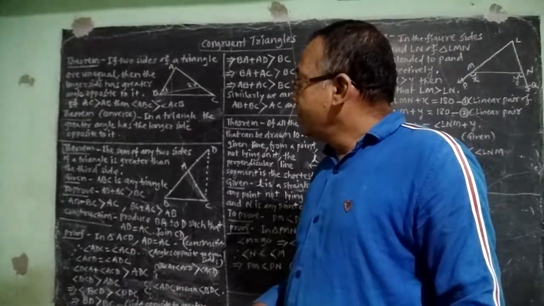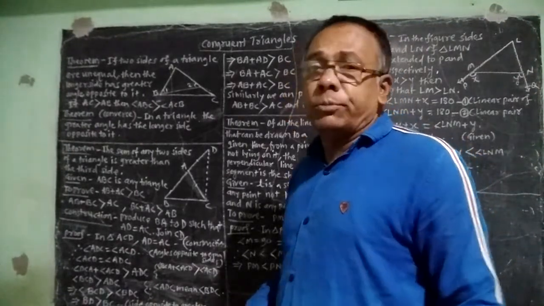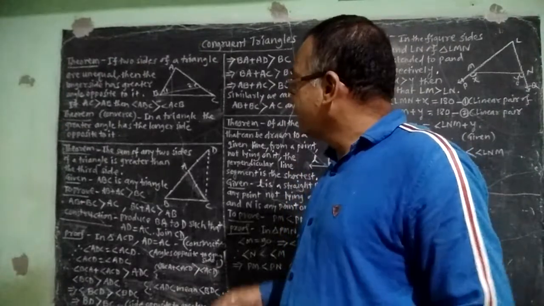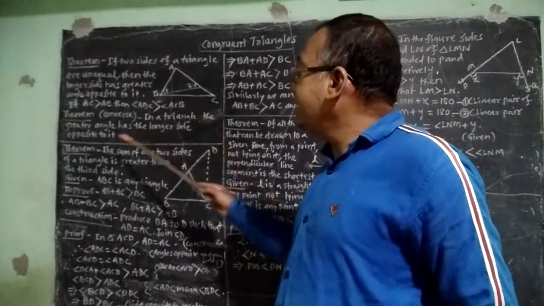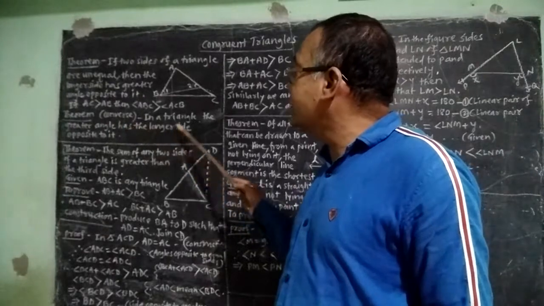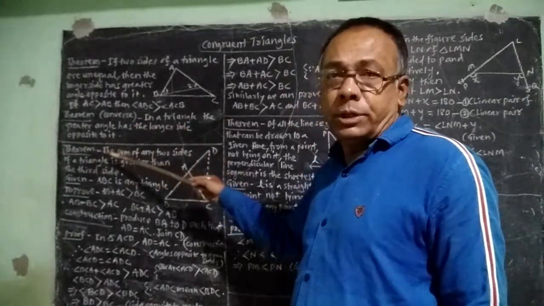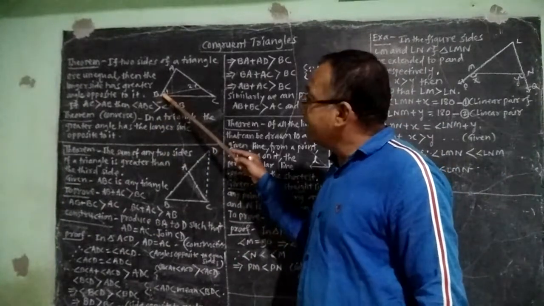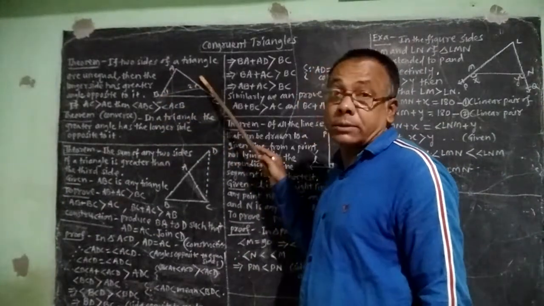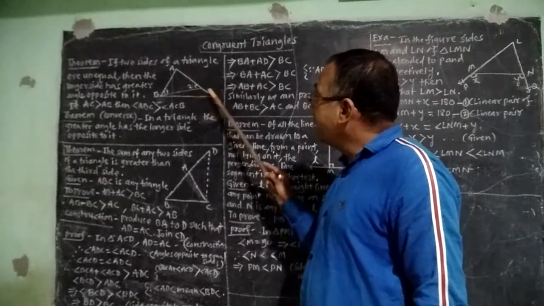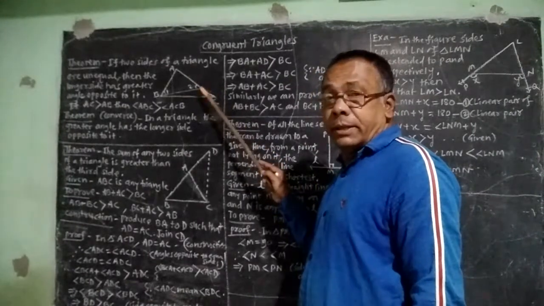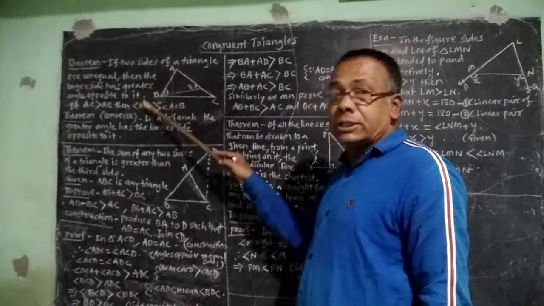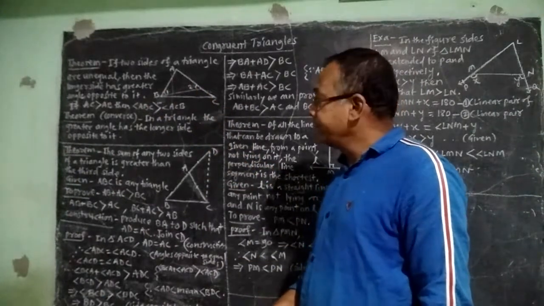Now the converse of this theorem is that in a triangle the greater angle has the longer side opposite to it. Means if the angle is greater, then its opposite side is also longer, and if the angle is smaller, then its opposite side is smaller or shorter.